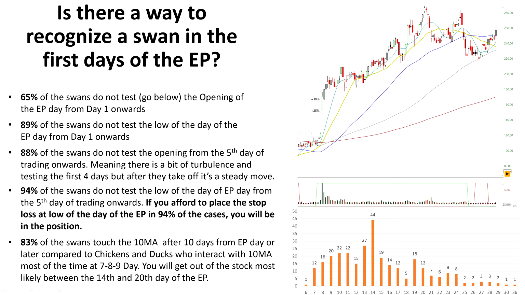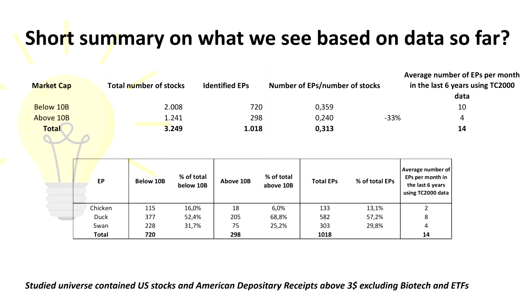But there are also some ugly situations, as for example this one, where the swan went significantly lower below the 10 days moving average early in the process. But this is what the statistics show. I encourage you to pause the video, take your notes, and read every bullet point and see how you would behave knowing this, because to me these are good insights that can define your EP trading strategy.